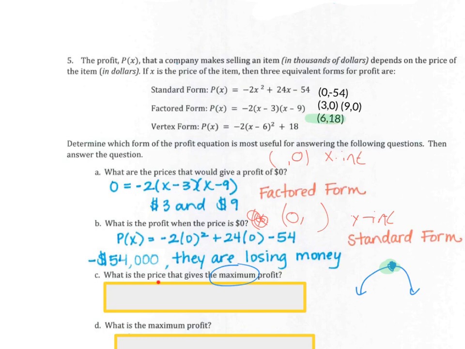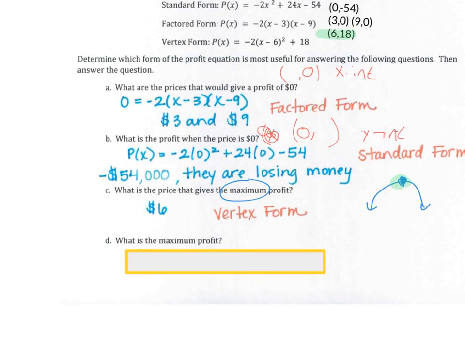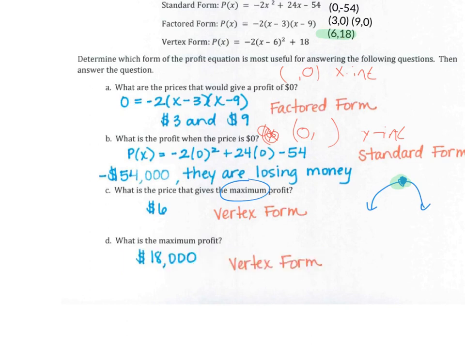So I need to know what price gives the maximum profit. So which of these 2 numbers represents price? Well, that's going to be the x value. So my x value here is 6. Charging $6 would give me my maximum profit. What is said maximum profit? So which of these 2 numbers from our vertex would be the maximum profit? Profit's the y value. So that'd be 18. But remember, we're in thousands of dollars, so $18,000.